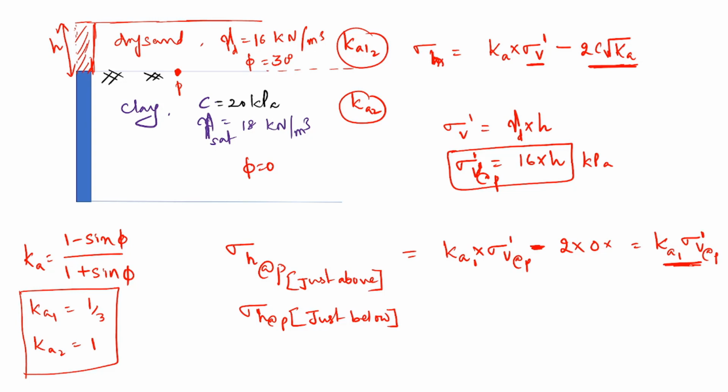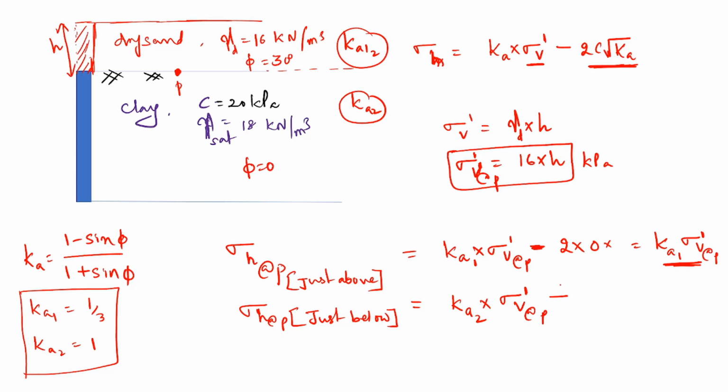There is no issue with positive value because there is no tension crack just above. Where the tension crack wants to form, initially before sand was there, is at P in the clay. So that is why now just below, when you go down, you have to consider Ka2, not Ka1, because you are just going below, infinitely small. Ka2 multiplied by sigma v at P, and again it is P only. There is no change in it.